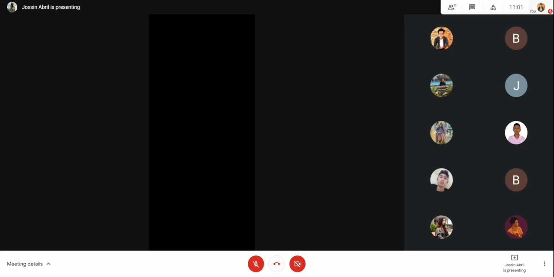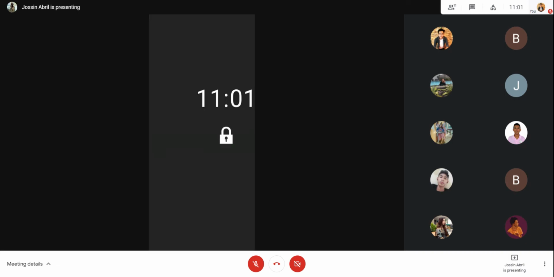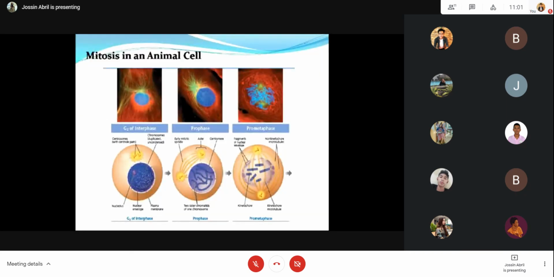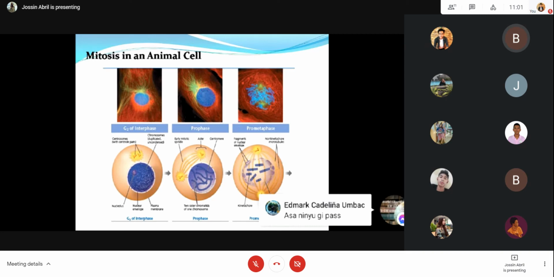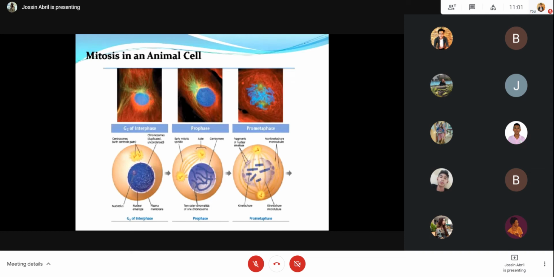While the aster microtubules, this is where the spindle fiber is attached at both poles. And the non-kinetochore microtubules are microtubules where the chromosomes are not attached. That is why they are non-kinetochore microtubules.